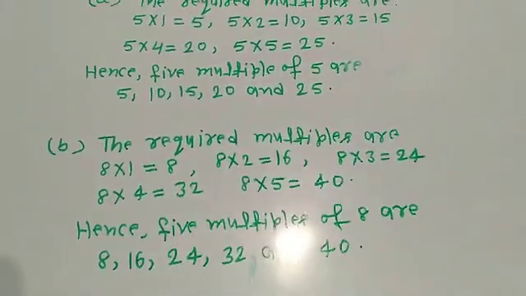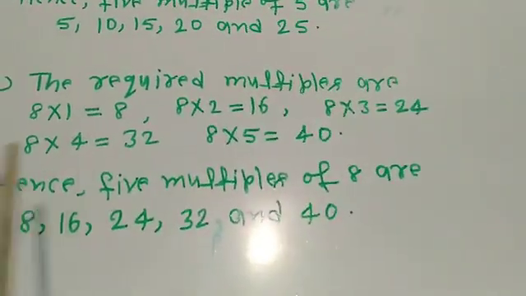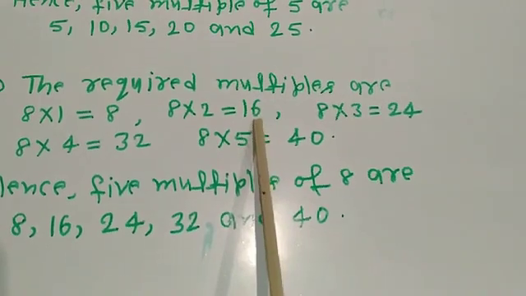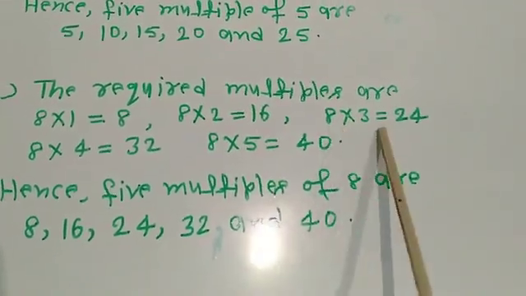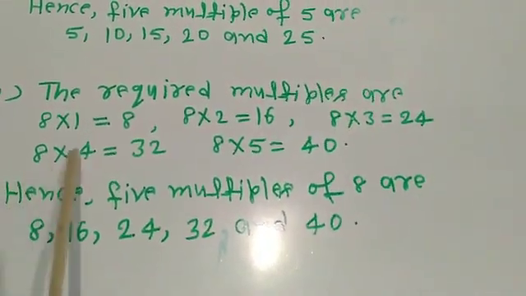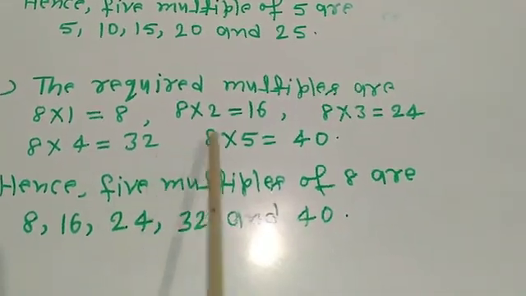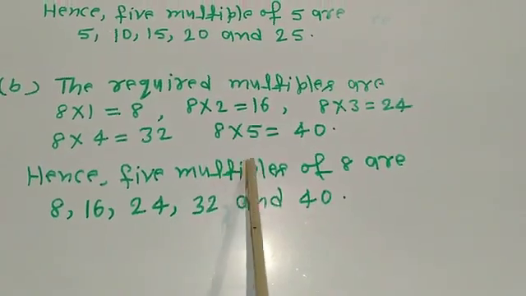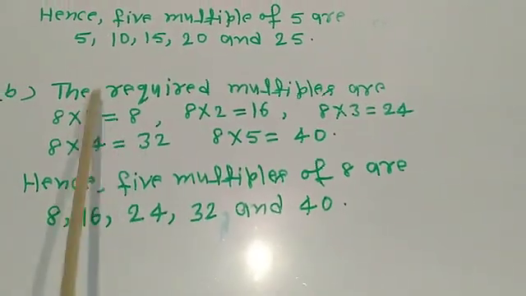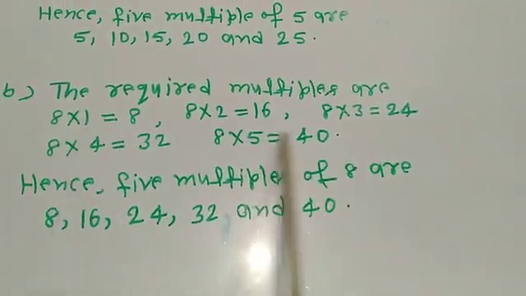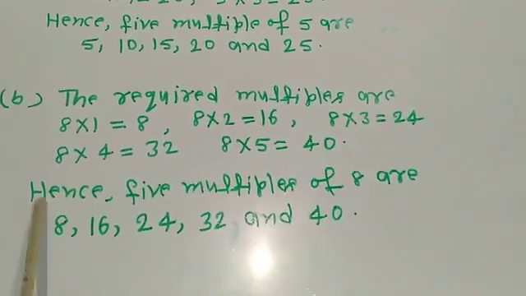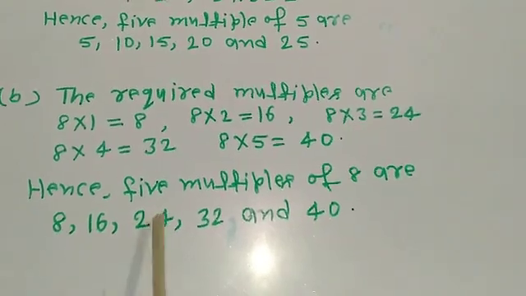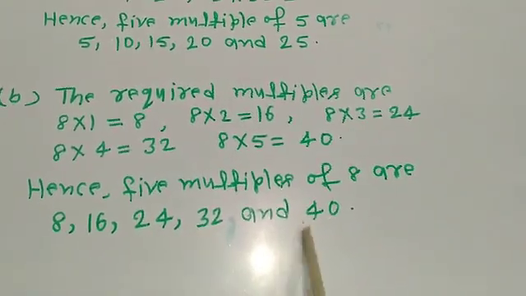So 8 into 1 is 8, 8 into 2 is 16, 8 into 3 is 24, 8 into 4 is 32, 8 into 5 is 40. The required multiples are... Okay, so 5 multiples of 8 are 8, 16, 24, 32 and 40.